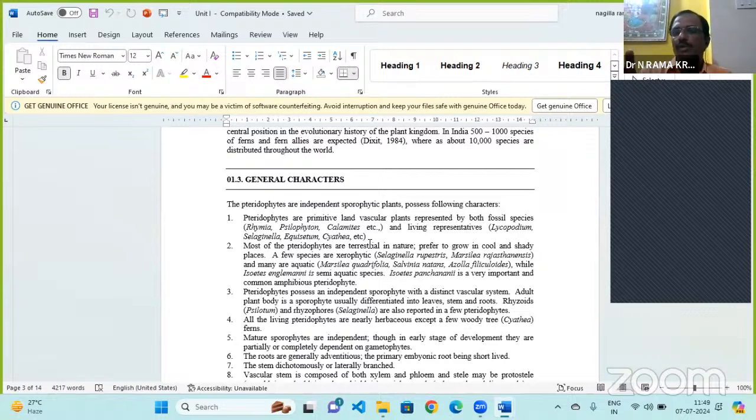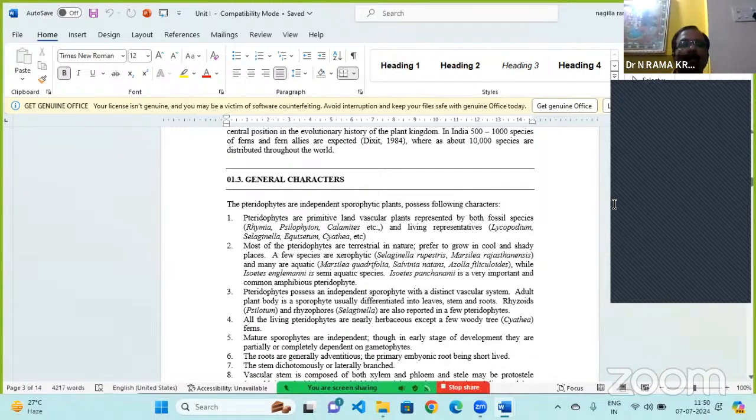They do not produce an embryo; the zygote directly produces a new plant. Here we say it is not a true embryo, but there are embryo-like structures. That's why we call this Embryophyta. Here I am sharing some of the general characters.